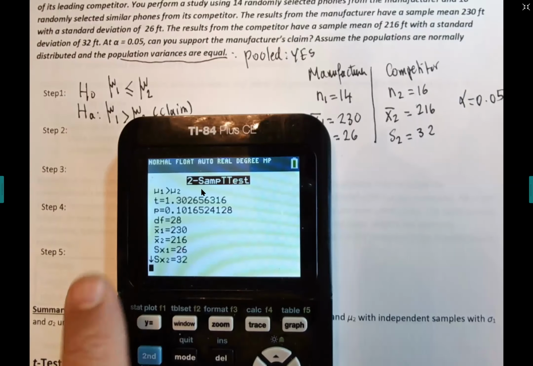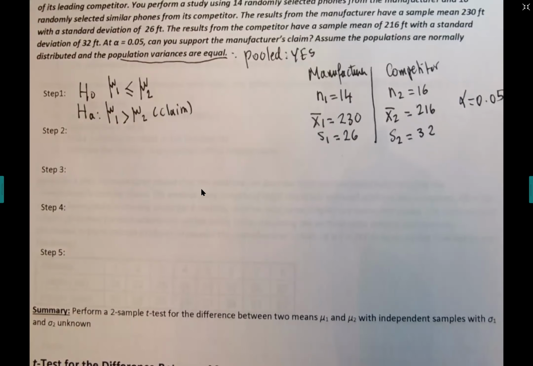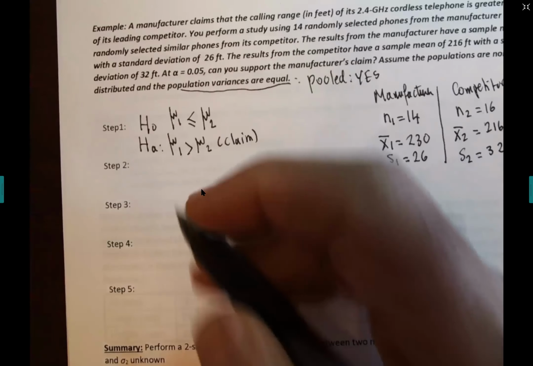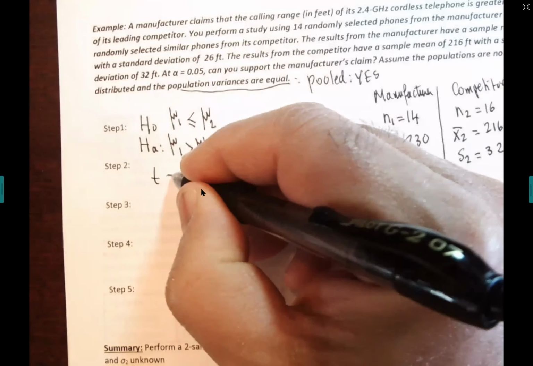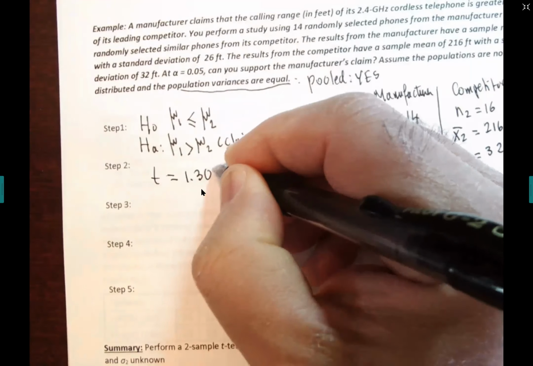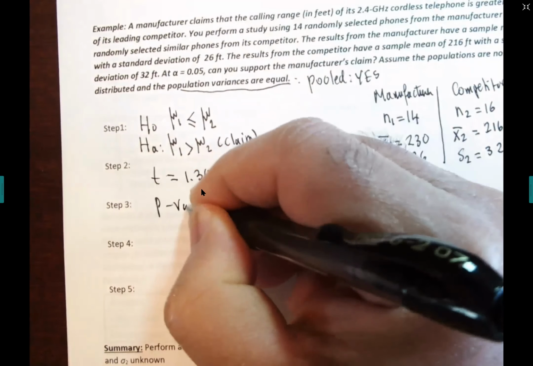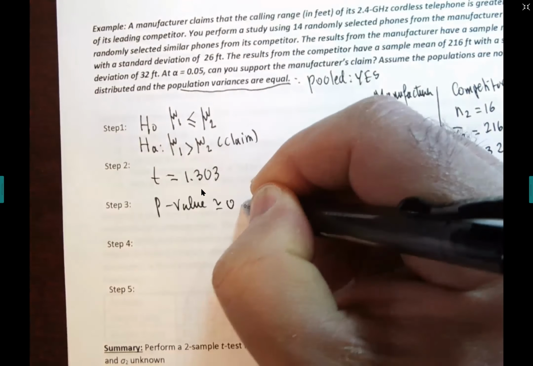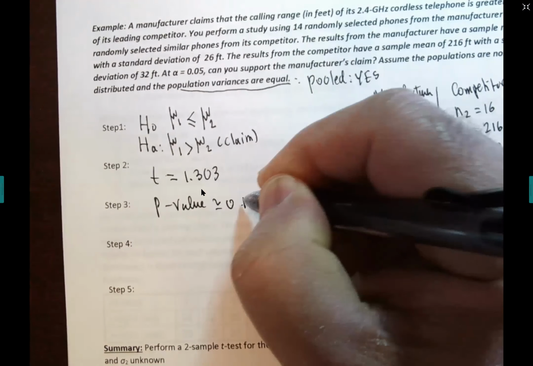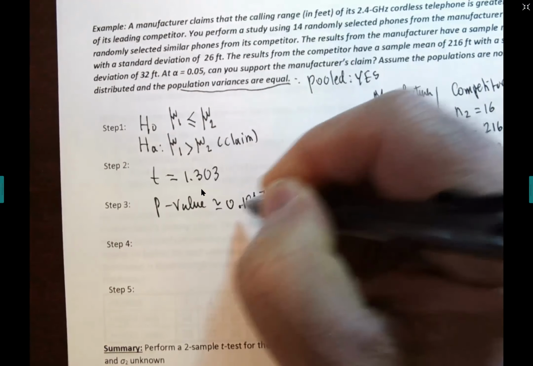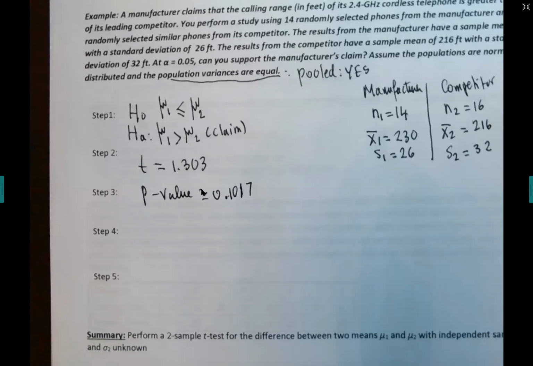Degrees of freedom is 28 here. Okay, so let me write it down. So T is 1.303, p-value is 0.1017. We haven't rejected H0 today in all the exercises.